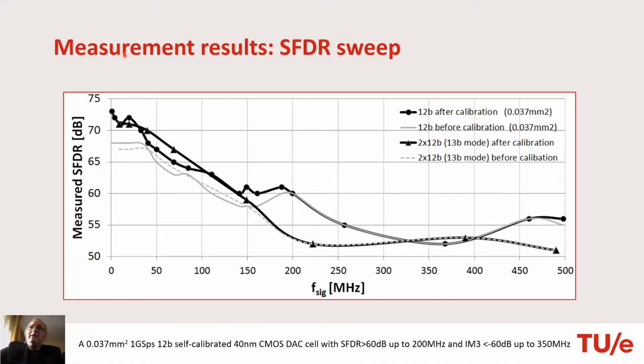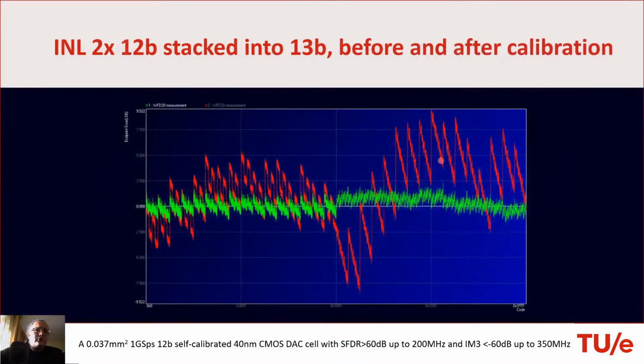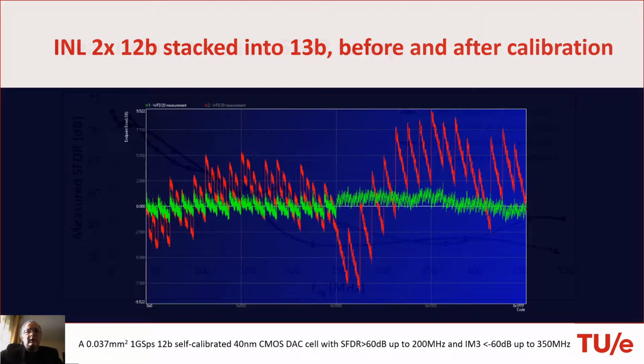Then this is a measurement of SFDR, spurious-free dynamic range. 1 gigasample per second, so the Nyquist band is from 0 to 500 megahertz. And what we have here is just the performance of a single 12-bit cell and this combination of two stacked D2A converters to create a virtual 13-bit DAC.